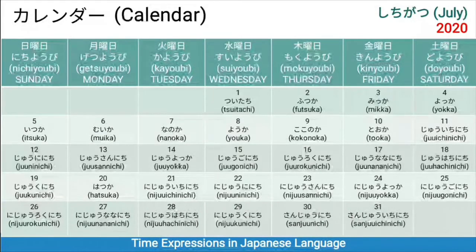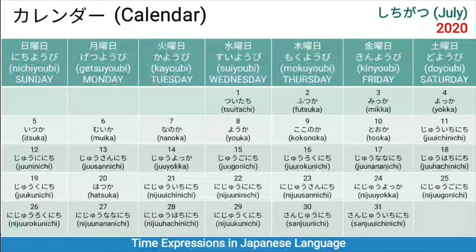Its kanji is the kanji of money. Saturday is Doyobi. Its kanji is the kanji of land. So that's it. We have Nichiyobi, Getsuyobi, Kayobi, Suiyobi, Mokuyobi, Kinyobi, Doyobi.